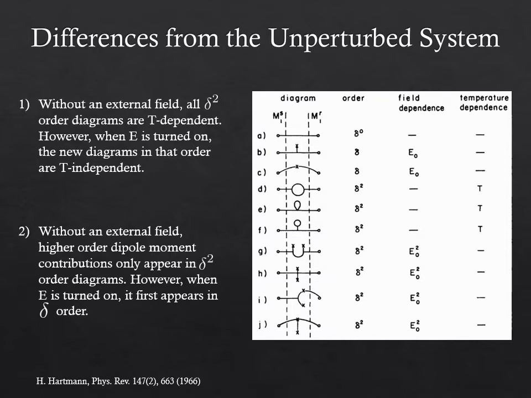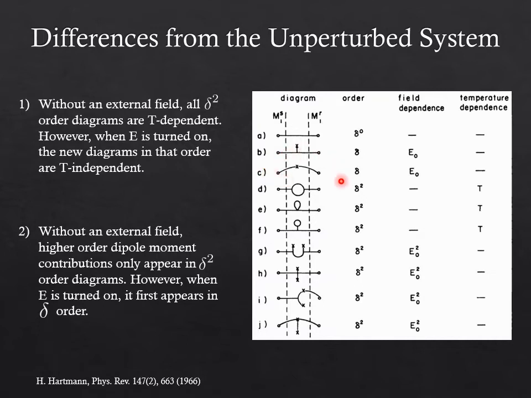Another thing that is interesting is that if, again, you switch off the field, the only time a higher order dipole moment term can arise in a diagram, aka have M2s or M3s, is in second order. And these come from the L's and K's that already have M2s on both sides, the input and the output, as I've said. But when you turn on the field, interestingly enough, you do get some diagrams that have M2 dependence, but are only Δ¹ here.